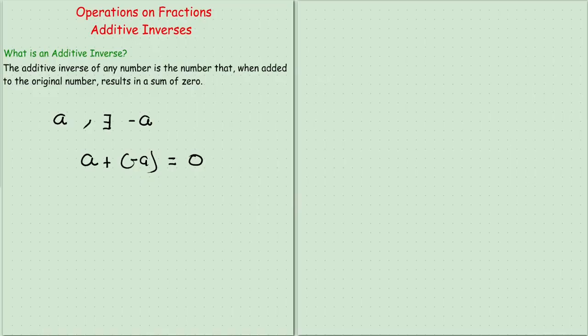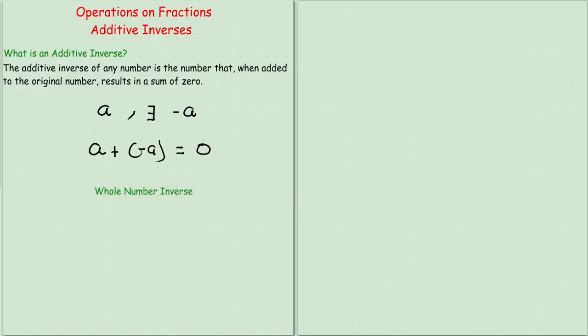What does this mean? Let's take a few examples. To start off, for basic explanation, let's start with whole numbers. If you have a whole number, what is its additive inverse? Let's take a whole number such as 5. Is there any number that when you add to 5, you are going to get 0? Yes, there is.